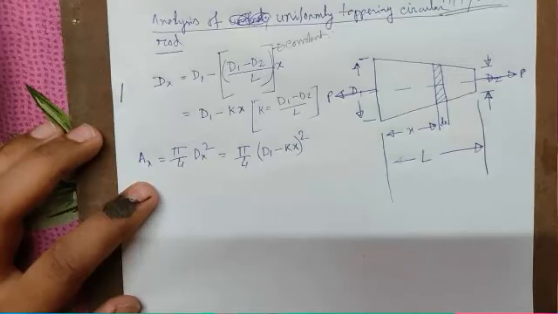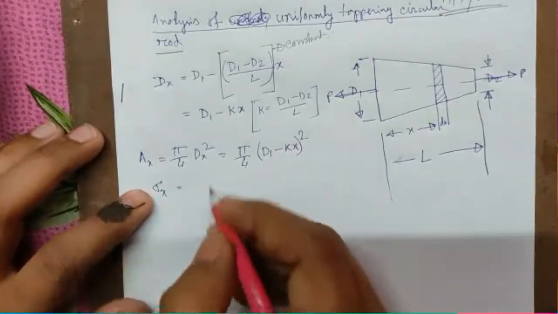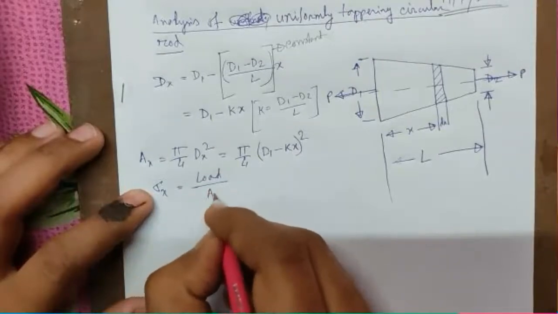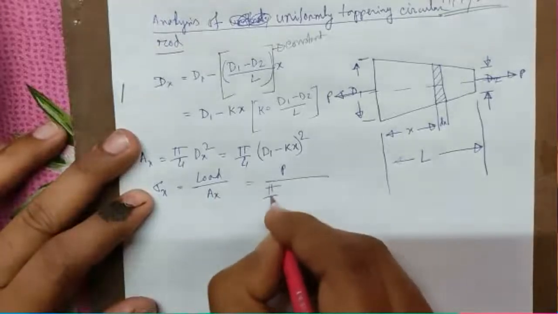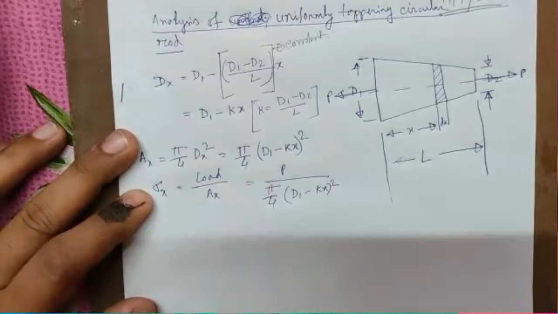Now the stress will be load by area, that will be P by pi by 4 d1 minus kx square.